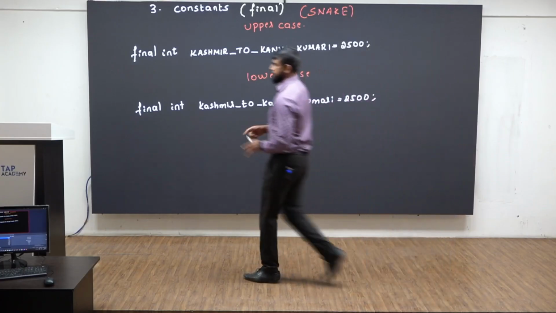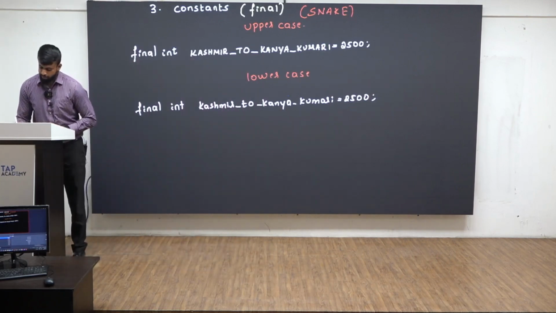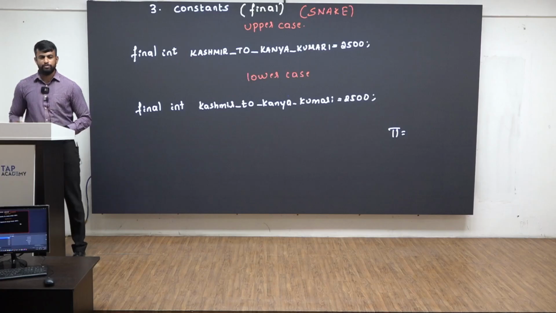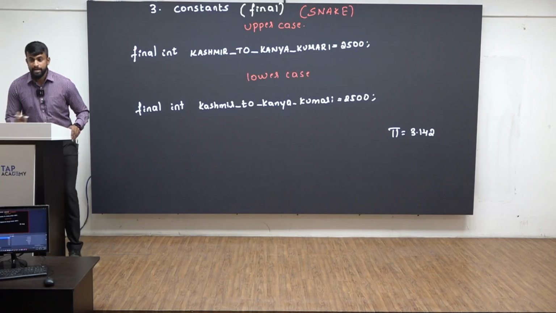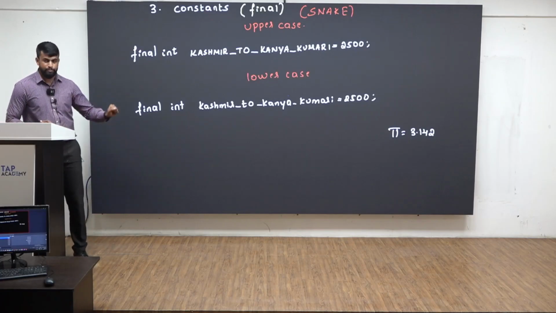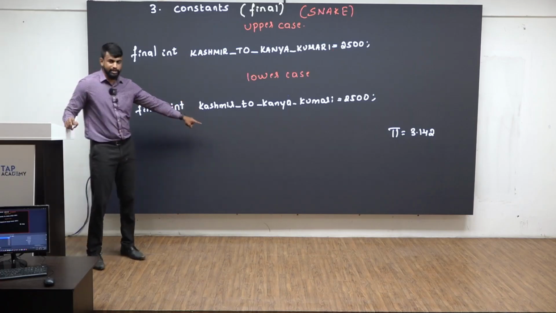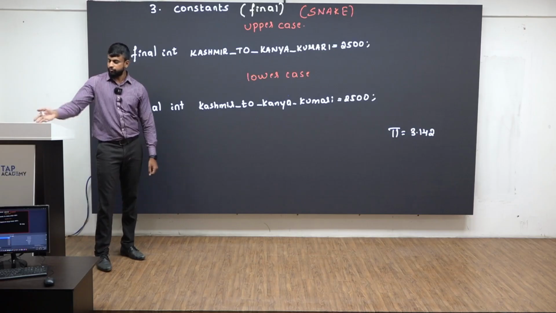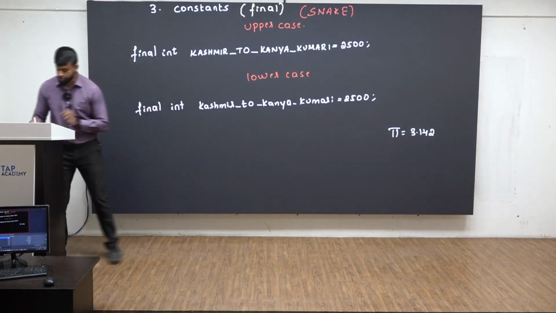Great. Now let me give one more example. We have the pi value. What is pi value? 3.142. Think and tell me, is it a constant or changing every day? It is a constant, and let me write this pi in my Java program now. How to do it? That symbol, you cannot type in Java. Go find it on the keyboard, you will not find that character there. Then what should I do, sir?